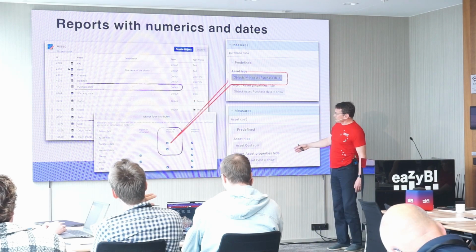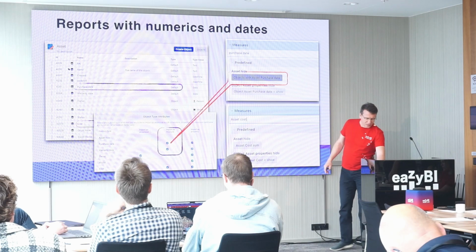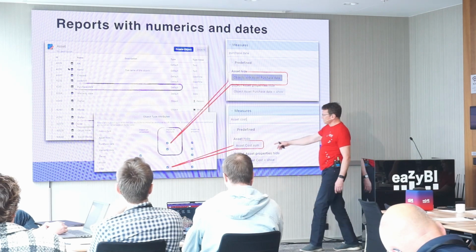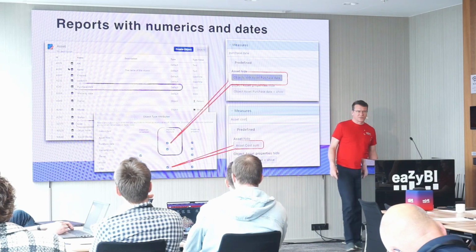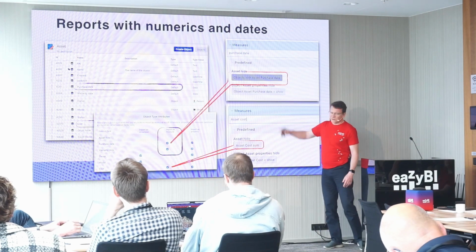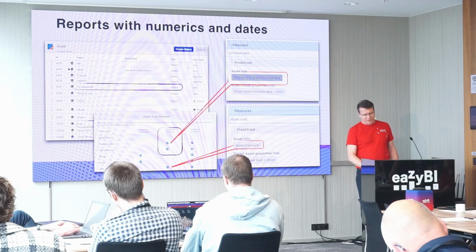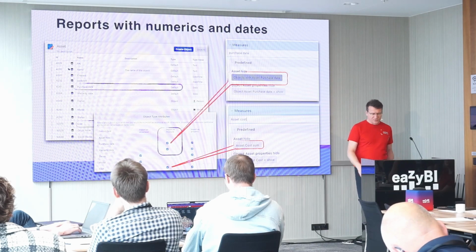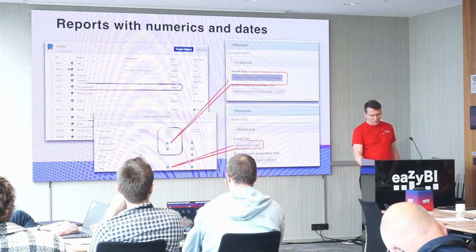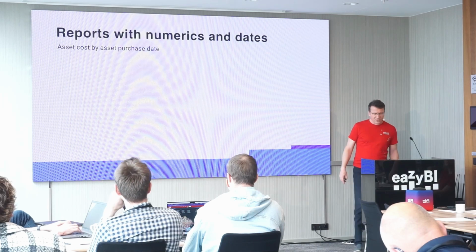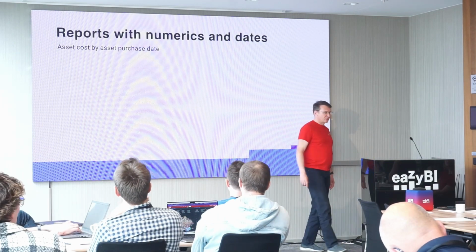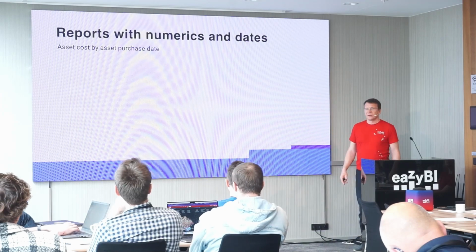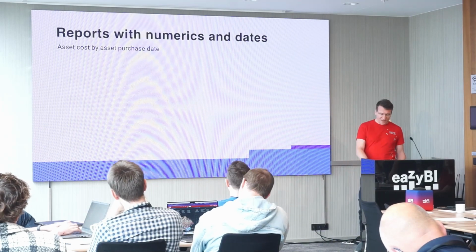Asset cost, which is numeric, is one measure, which has the sum and the suffix, but both fields are also available as properties, so you can see the value in the object. So let's look at some use cases of how to use the numeric and date fields in assets.